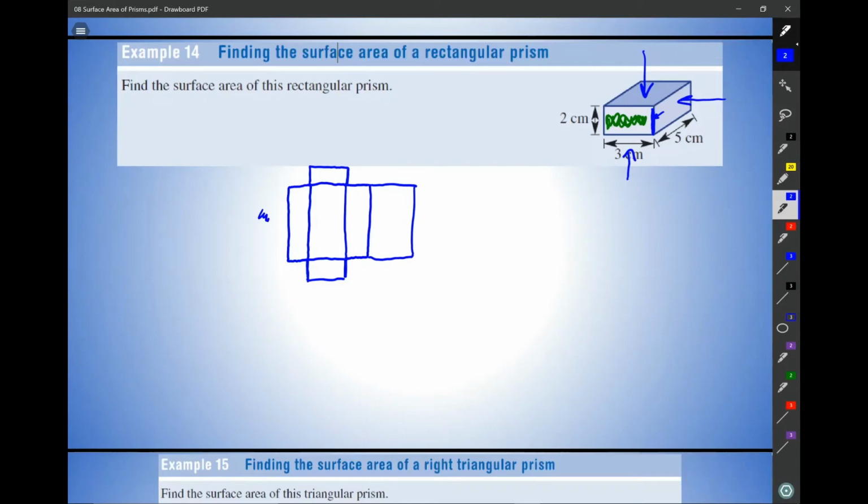Now that we've got our shape laid out flat, it's important that we get down all the measurements properly. So all of these long lines correspond with the 5 centimeters here. Now there will be some here that are 3s, and these smaller ones in the middle are 2s.